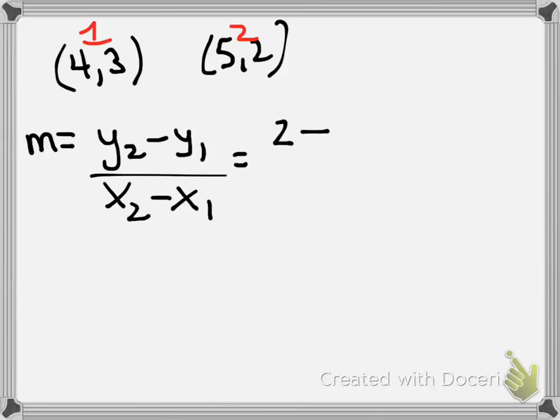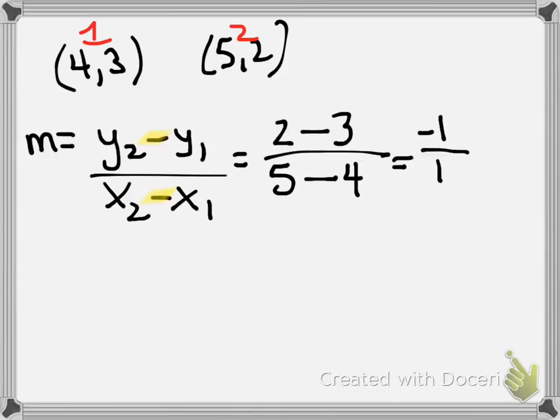You have to put the minus sign. My y1 is 3. My x2 is 5. You have to put that minus sign. This is part of the formula, so you always write it. My x1 is 4. Well, 2 minus 3 is negative 1, and 5 minus 4 is 1. And that simplifies to negative 1. So I know that on number 21, because they've given me 2 points, that the slope is negative 1.